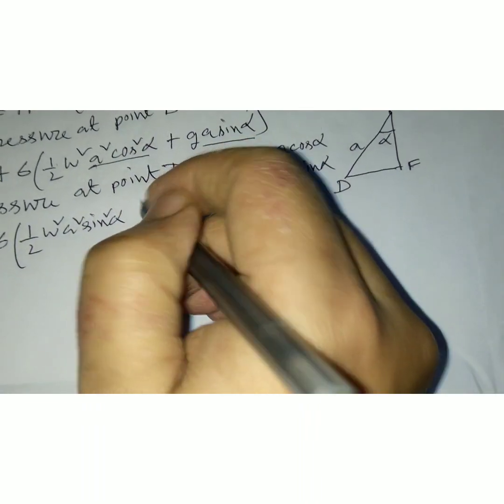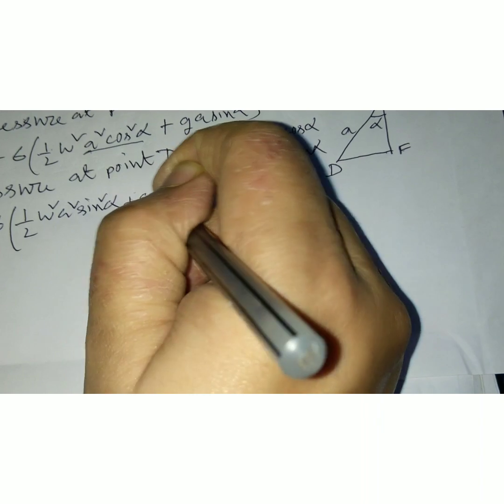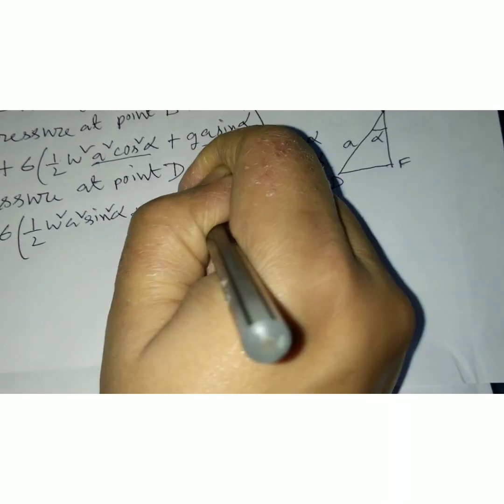So very simple, pi plus sigma into half omega square A square sin square alpha plus gA cos alpha.